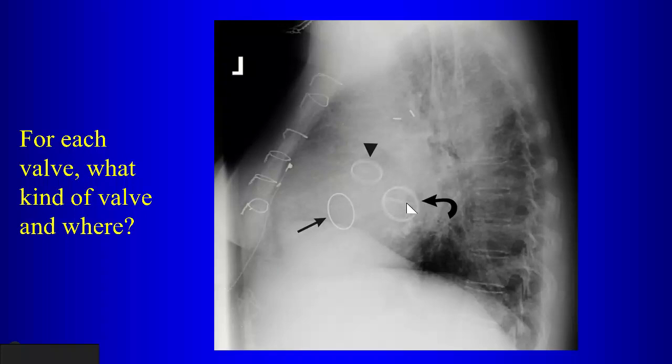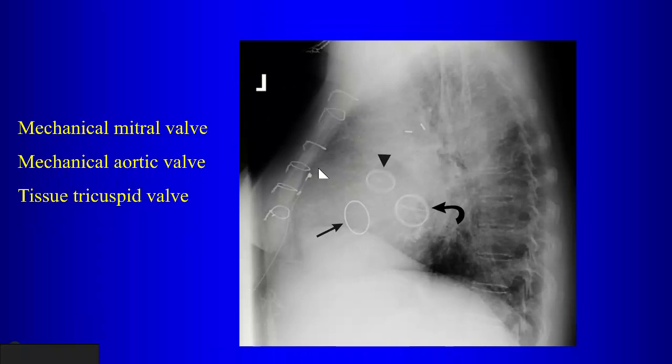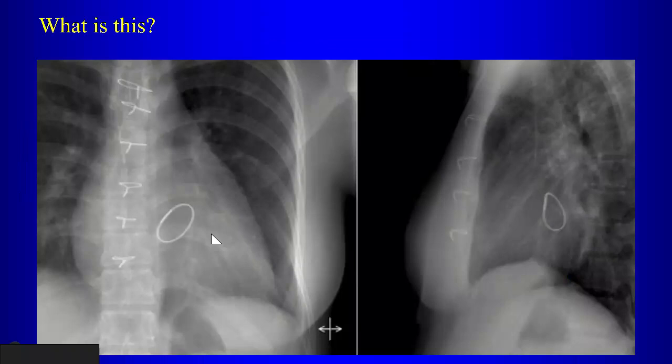So this one, mitral, mechanical or tissue? Mechanical, right? You can see the metal leaflet. This one, tricuspid, mechanical or tissue? Yeah, this one is tissue. This one you can't see the leaflets at all, right? So these are mechanical. You can faintly see the leaflet there, the metal leaflet for that valve. Okay.